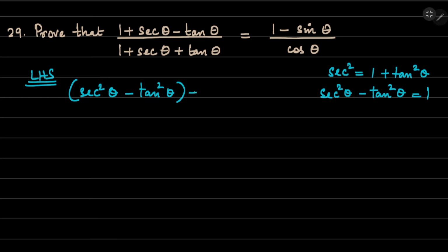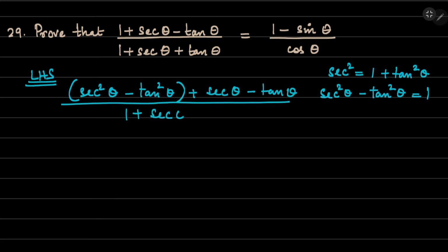Okay, plus secant theta minus tan theta, whole divided by the denominator term, let it be as it is, 1 plus secant theta plus tan theta. Now here what you see is a square minus b square.